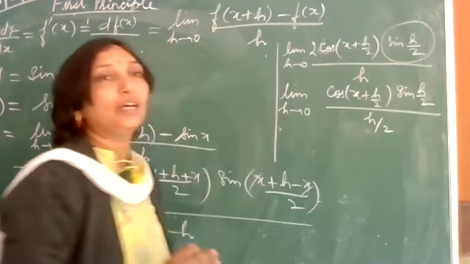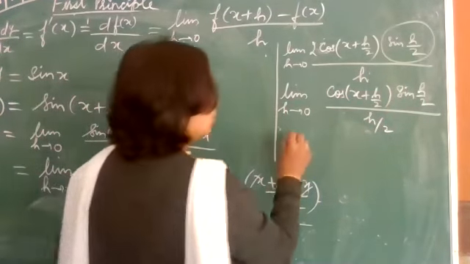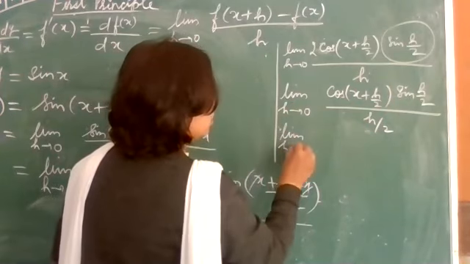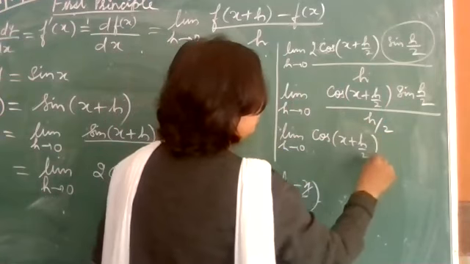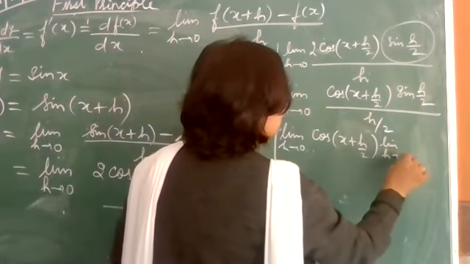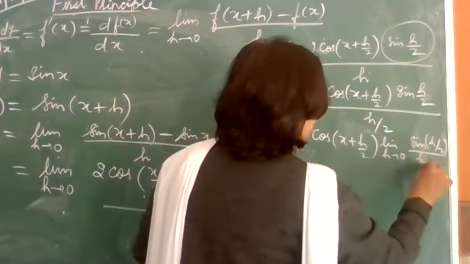Now we have learned about algebra of limits. If product of two functions is there, we can write them in separate limits. So this is limit h tends to 0 cos(x + h/2) times limit h tends to 0 sin(h/2) upon h/2.